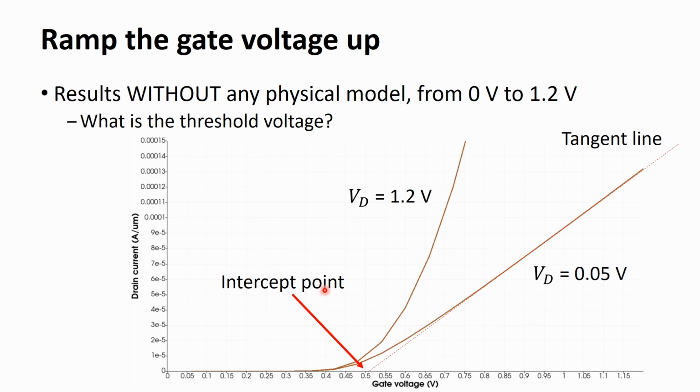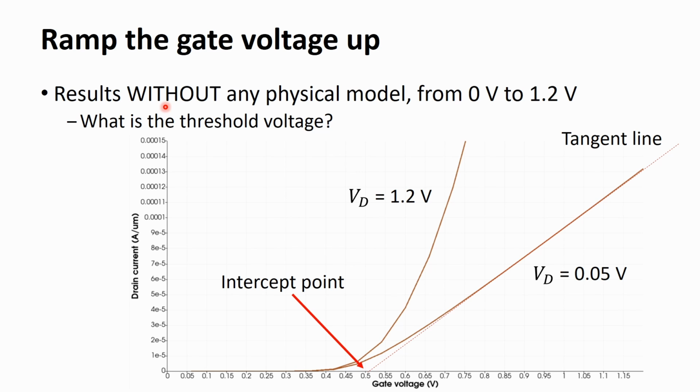Now, we can increase the gate voltage from 0 volt to 1.2 volt. This figure shows the result obtained without considering any physical model. The electron mobility is constant.